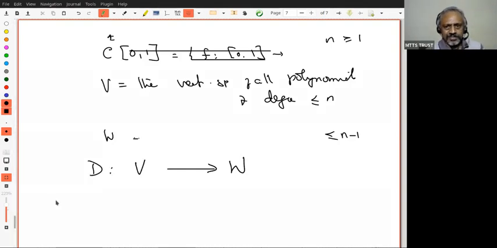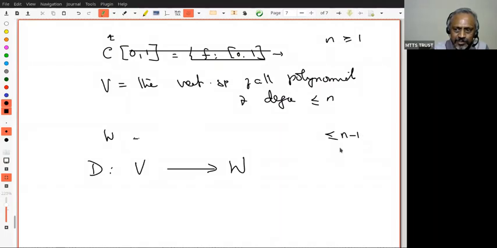Now can anybody guess? I'm starting with a polynomial of degree n, and I'm going to end up with a polynomial of degree n minus 1, not necessarily exactly n minus 1. You see that intuitively the degree drops down, and I'm denoting the map by D. Can you guess what map I'm thinking of?